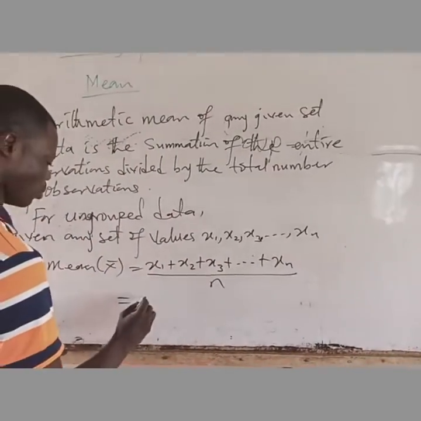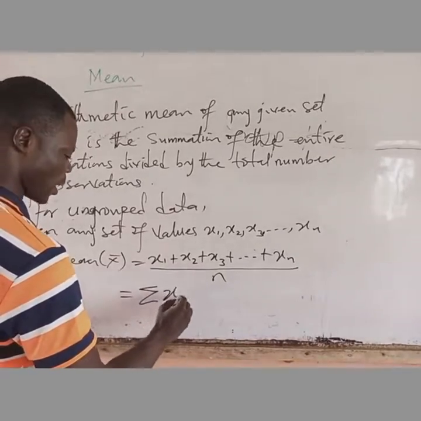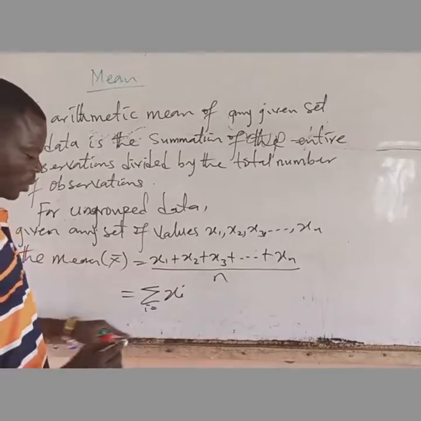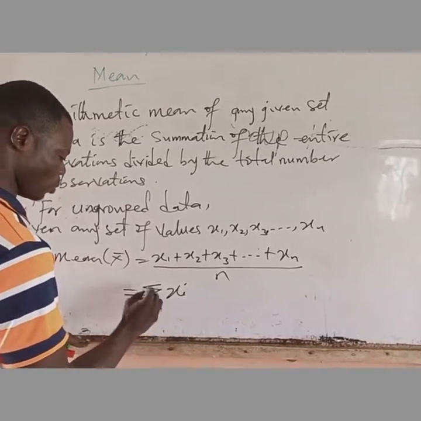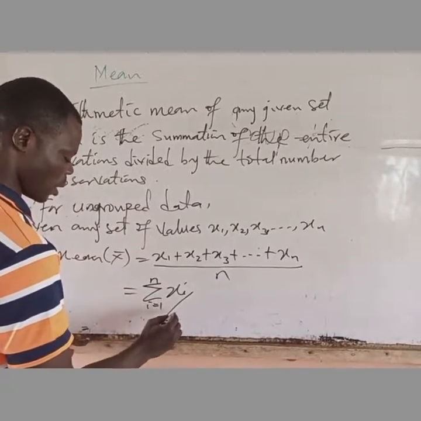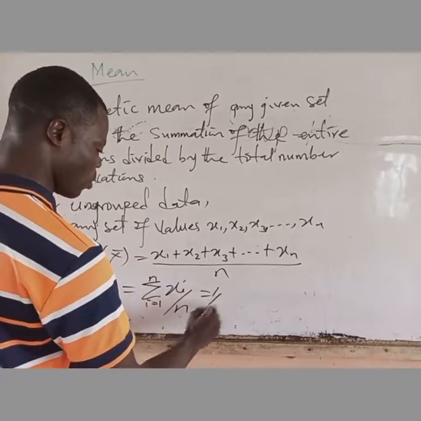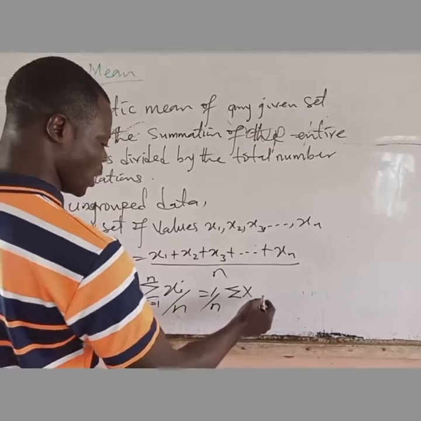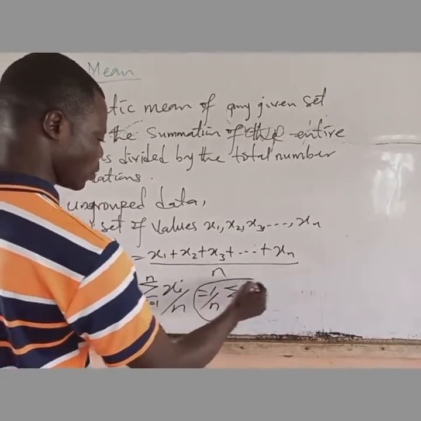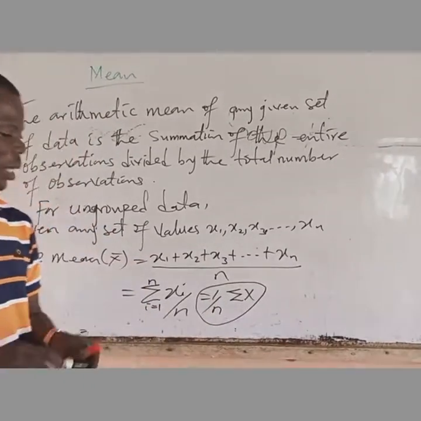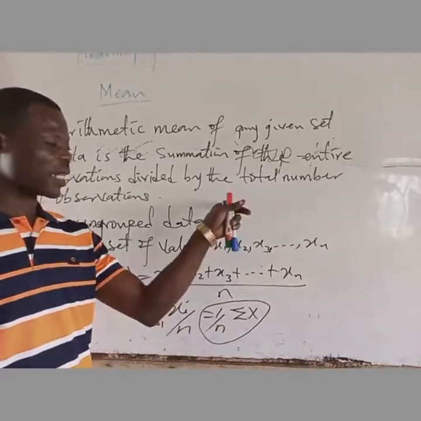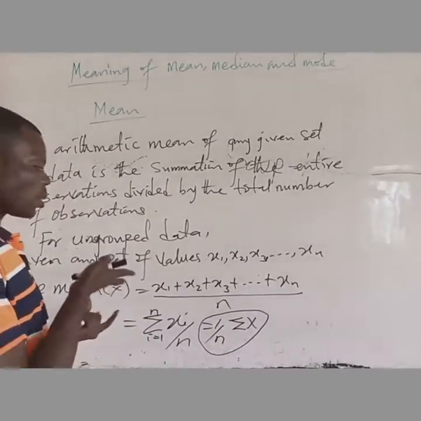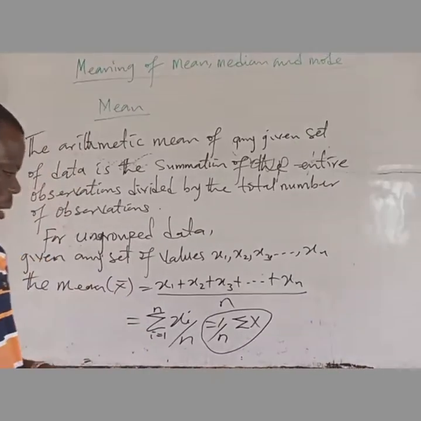So this can also be written as summation of xi, where i is a positive integer from 1 to n, all over n, which is the same thing as 1 over n summation of x. So this is used to calculate the mean of any given set of data if it is not grouped data.